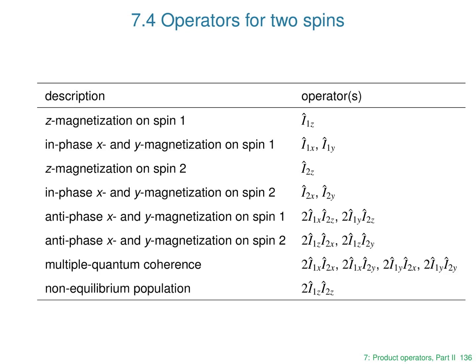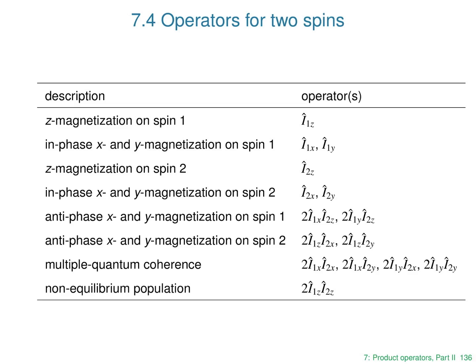I1x corresponds to X magnetization on spin 1, and I1y corresponds to Y magnetization on spin 1. But these are a special kind of magnetization. It's called in-phase X and Y magnetization, and I'll explain in some detail in a minute what that means. And likewise, there are equivalent operators on spin 2.